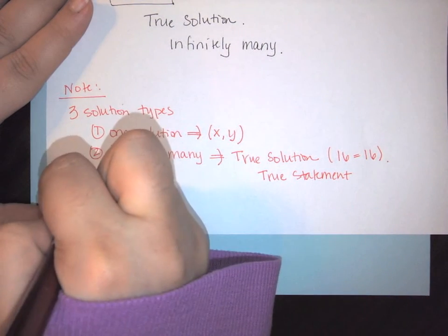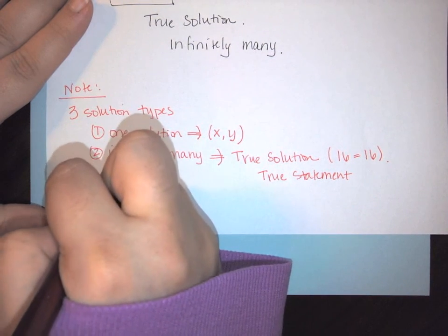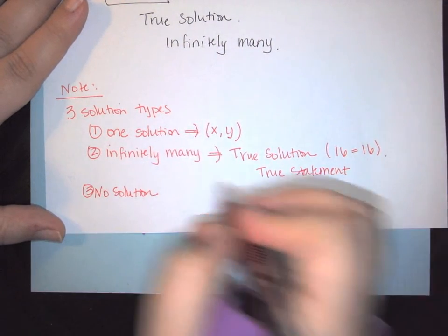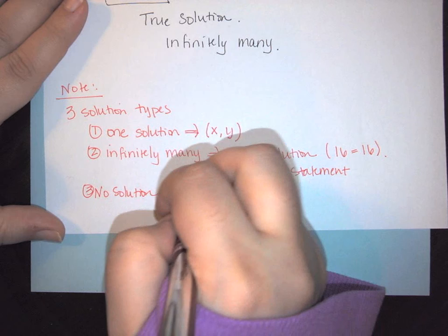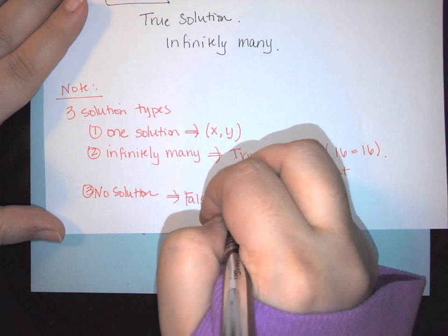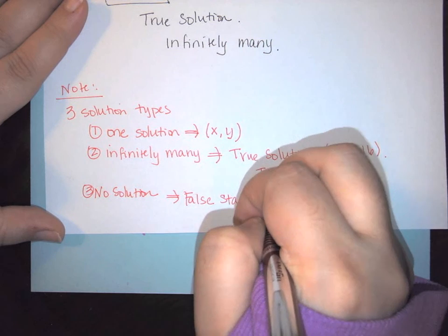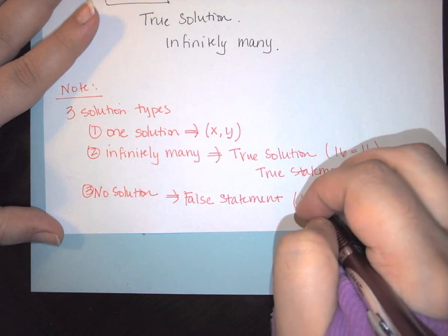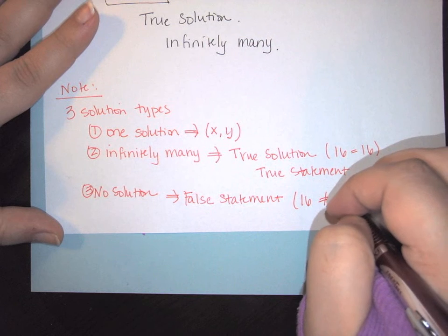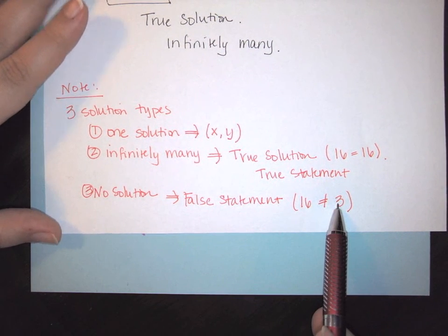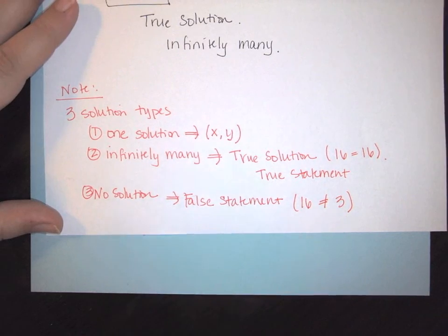The third type that we have is no solution. So no solution means that we had a false statement. For example, we had 16 cannot equal 3. Okay, so this would be like a classic example of a false statement. That would give you no solution.